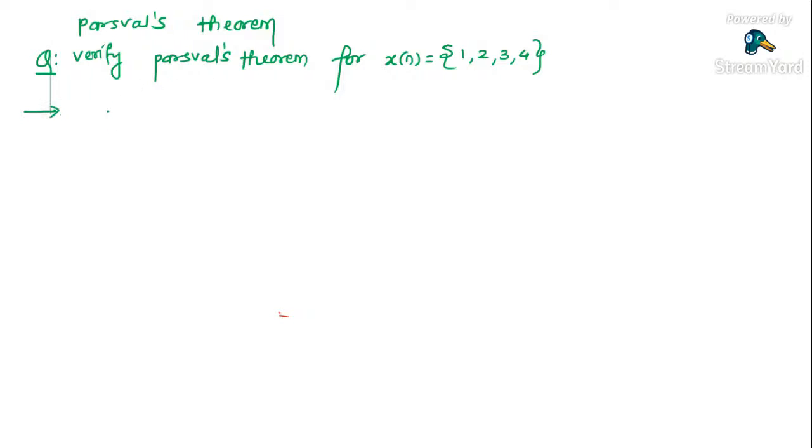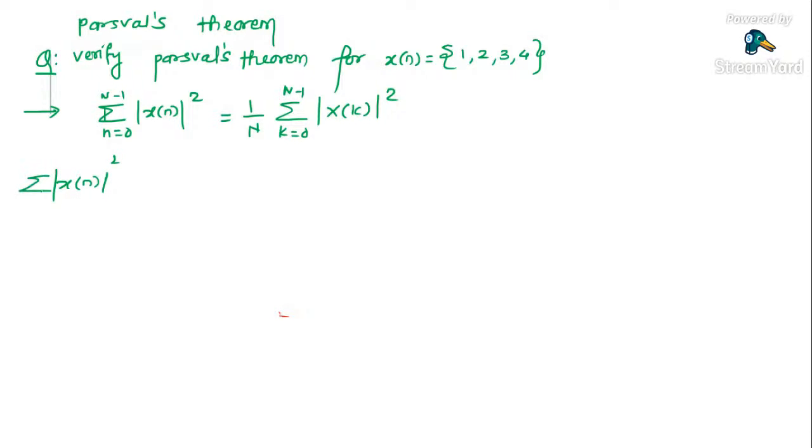Now first of all, what is Parseval's theorem? Summation n from 0 to N minus 1 of the magnitude of x of n squared is equal to 1 upon N summation k from 0 to N minus 1 of the magnitude of x of k squared. This is nothing but magnitude. Now find out the sum of x of n squared, n from 0 to N minus 1.